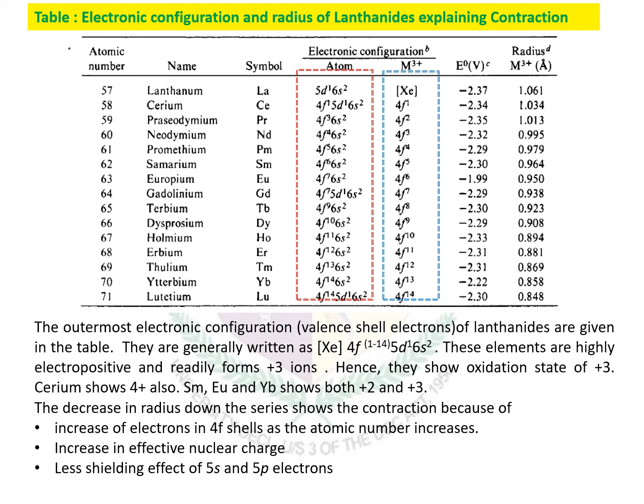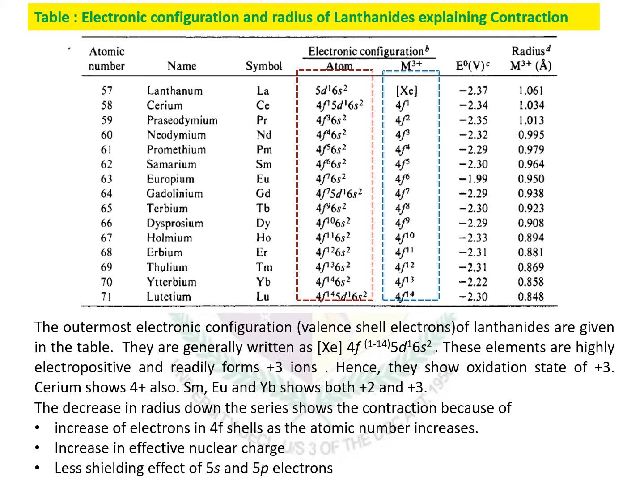It will lose the 5d1 and 6s2 electrons. So it has a radius of 1.061 Angstrom units. Down the series, next is cerium. Its ionic radius is 1.034 for cerium 3+. And praseodymium 3+ has 1.013 Angstrom units.